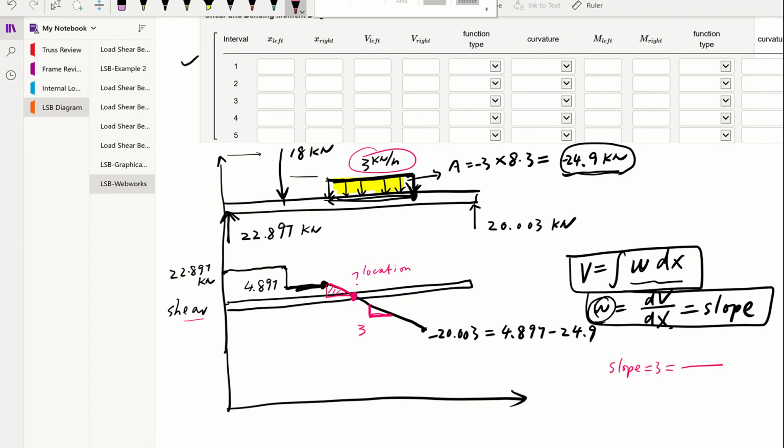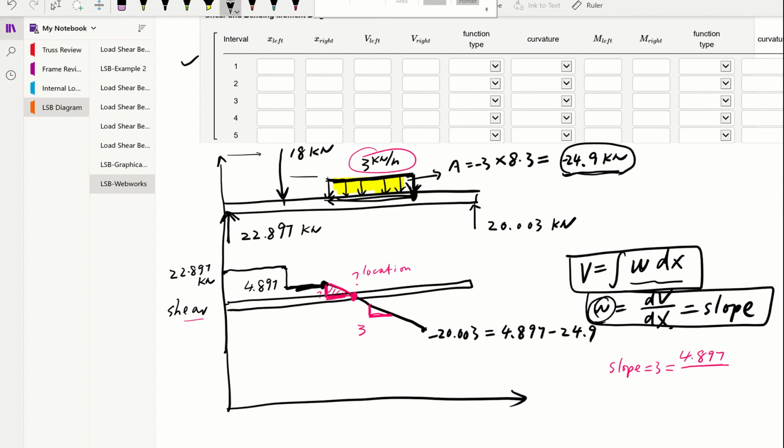Slope is rise over run, right? What's your rise? This is our rise. How tall is that? That's going to be 4.897. That's how tall this is. Over run, it's this part, right?